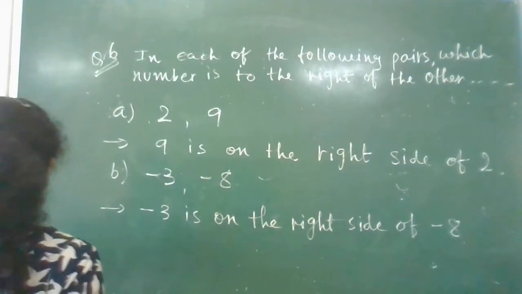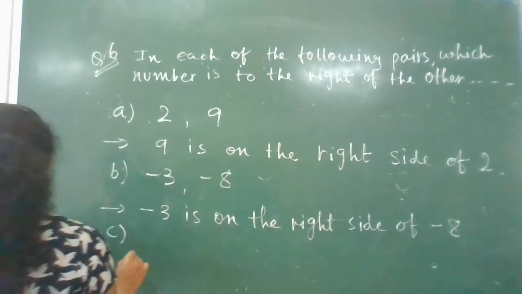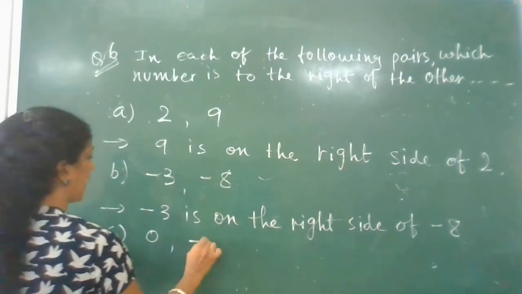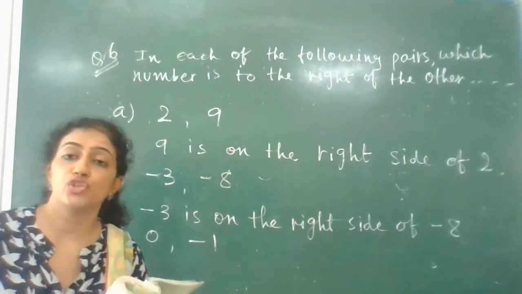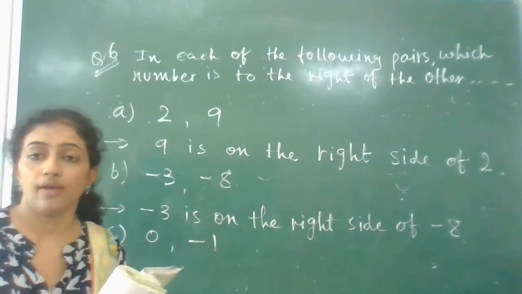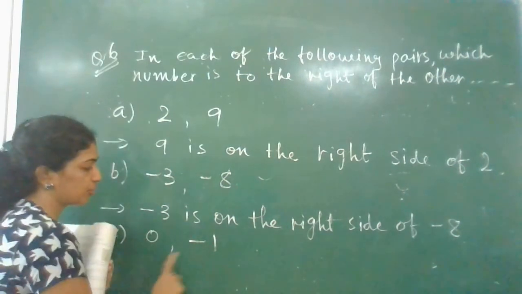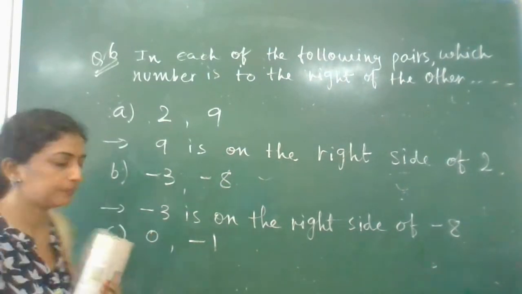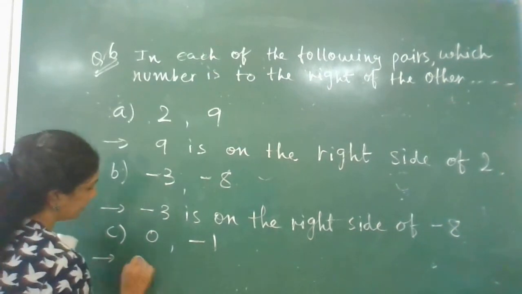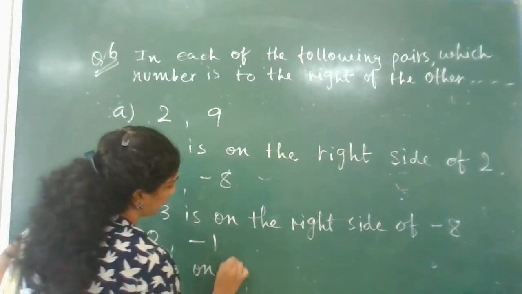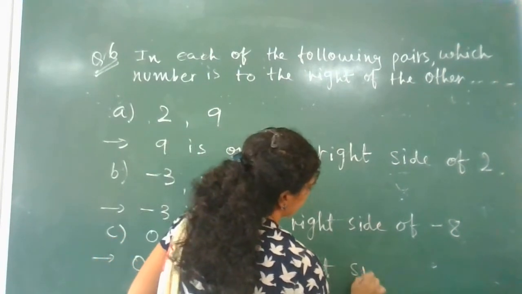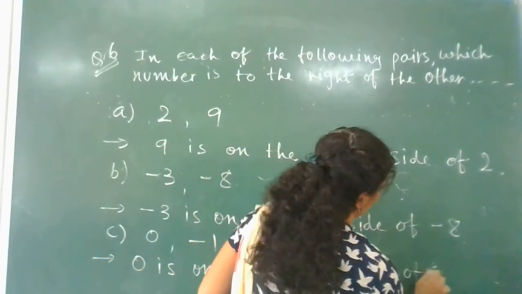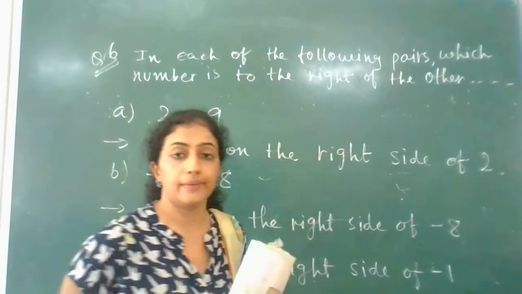The next one is C: 0, minus 1. As we all know, all the negative integers are lesser than 0. So out of these two numbers, 0 is bigger. So you can say 0 is on the right side of minus 1.